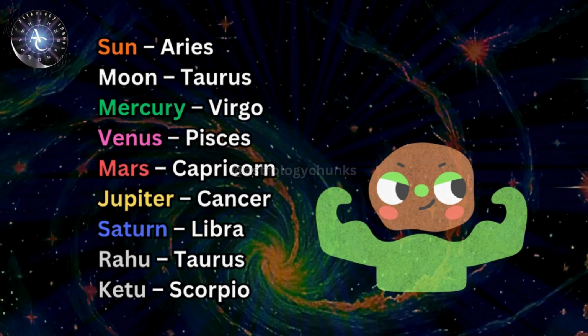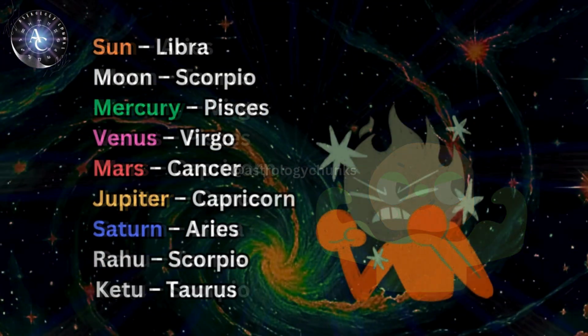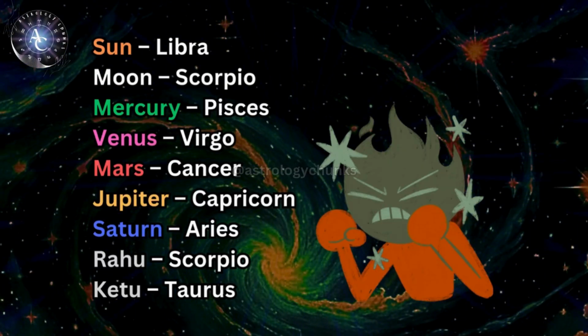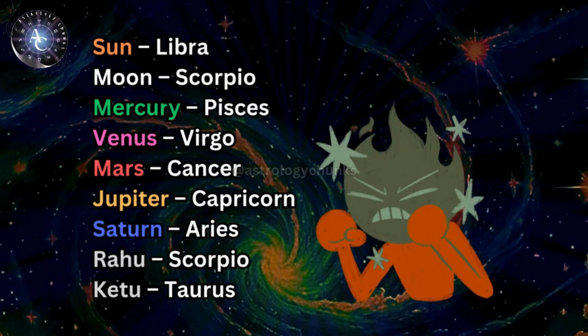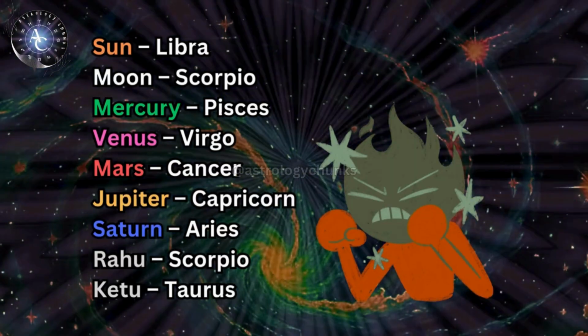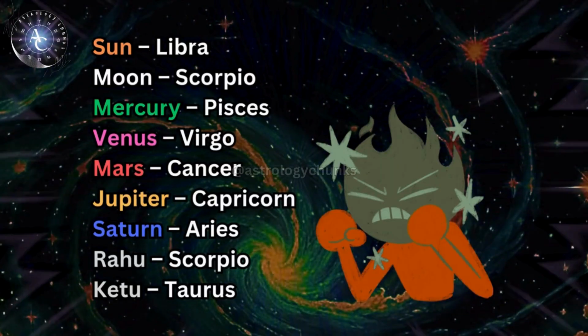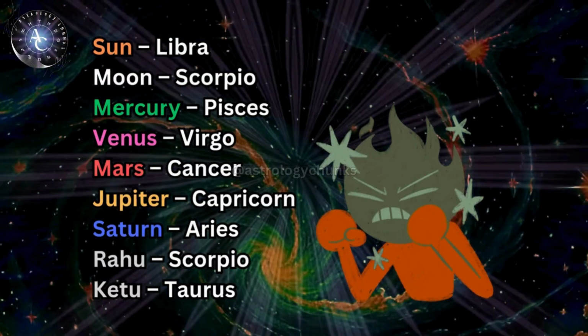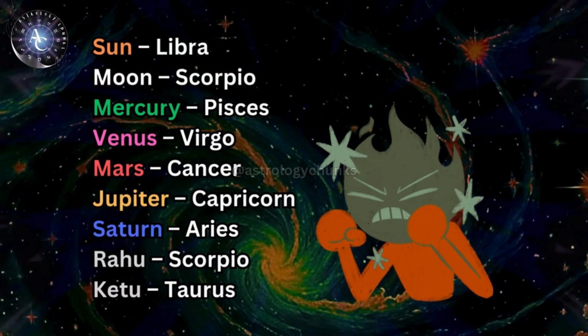On the opposite side, there are signs where each planet is considered debilitated, meaning weak or falling. In these signs, the planet struggles to give positive results or struggles to give results at all. The debilitation signs are basically the opposite of the exaltation signs.